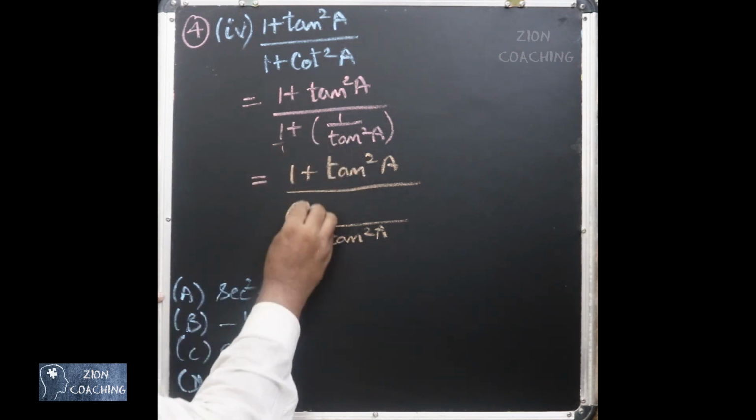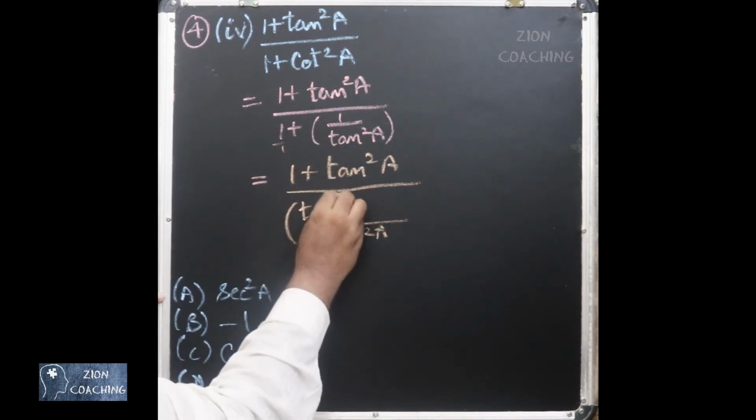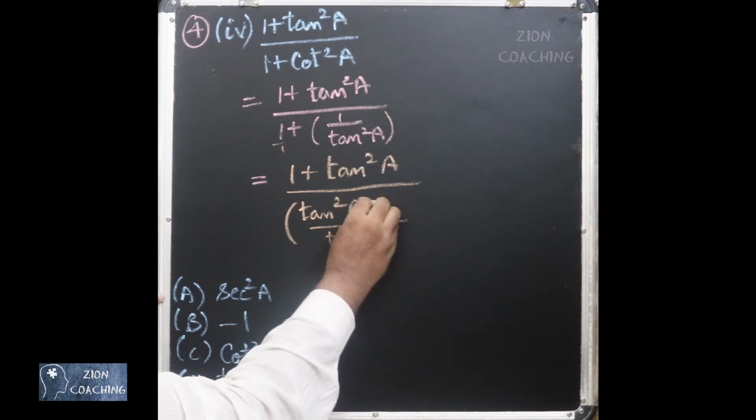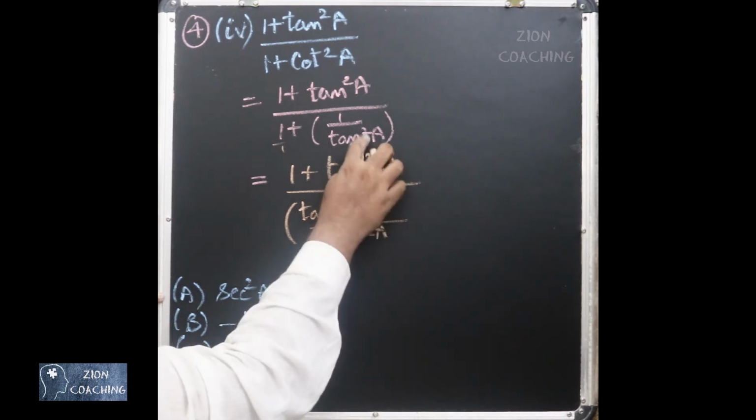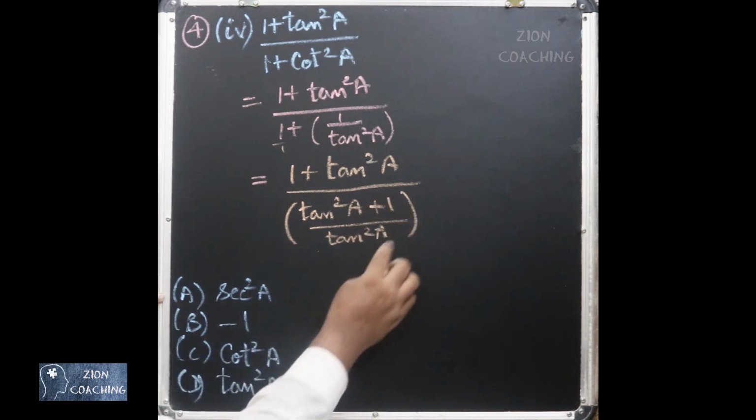Then 1 into tan squared A is going to be tan squared A, plus 1 into 1 is 1.